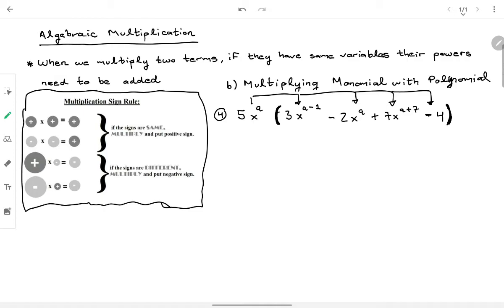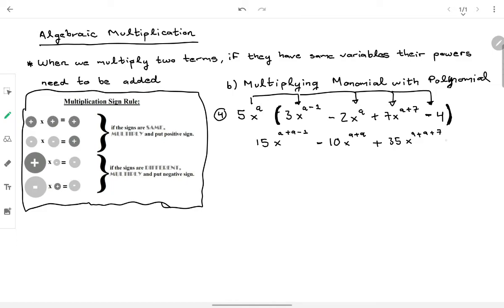The first one, it's positive and positive, so we will get a positive one. 5 times 3, it's 15x to the a plus a minus 1. Then it's going to be 5, well, positive and negative, it's a negative one. 5 times 2, it's 10x to the a plus a. Then we will get plus 7 times 5, it's 35x to the a plus 7.